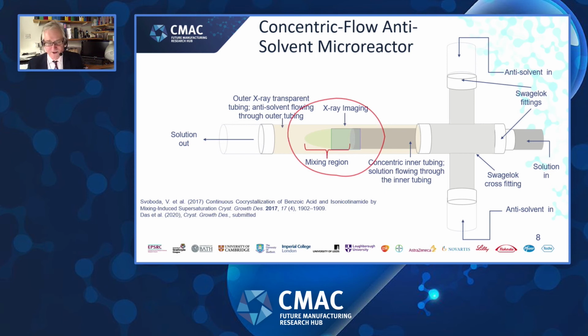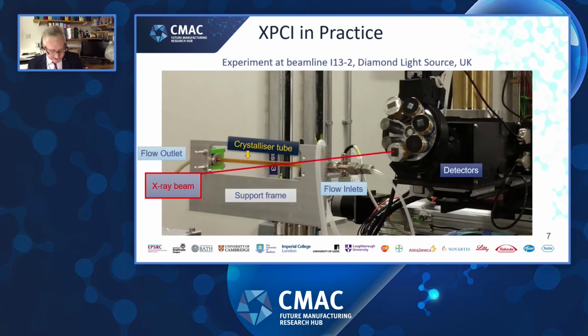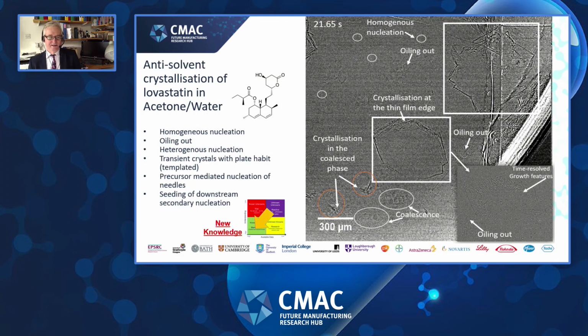Within the region circled in red, we look with X-ray imaging at what is going on in the crystallizer. This is what the experiment looks like at the synchrotron, and here I'll show you some of the results.